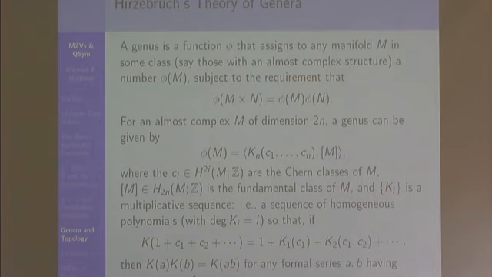So, a genus in the topological sense you can think of as a function on manifolds that takes Cartesian products to products, and you can get one in particular if you're working in the class of almost complex manifolds by taking a so-called multiplicative sequence of Chern classes and evaluating it on the fundamental class. Now, what does multiplicative sequence mean?